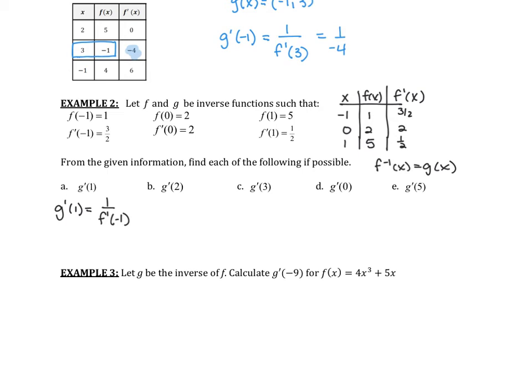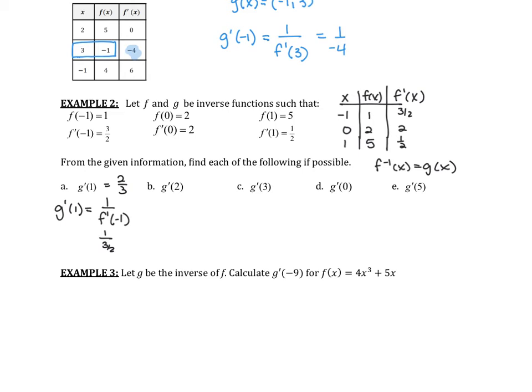The reason I need to use f prime of negative 1 is because the inverse point, negative 1, 1, if I'm trying to find g of 1, I know that the inverse of that would be 1, negative 1. That would be the point. So what I'm going to do now is 1 over 3/2, or we get 2/3. So my inverse of the derivative is 2/3.